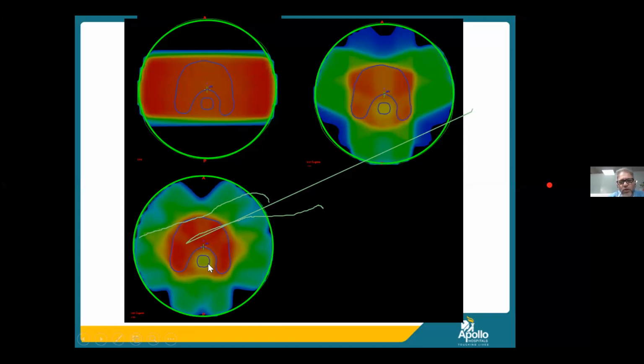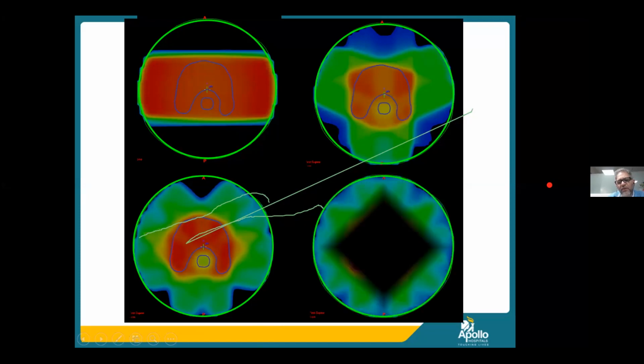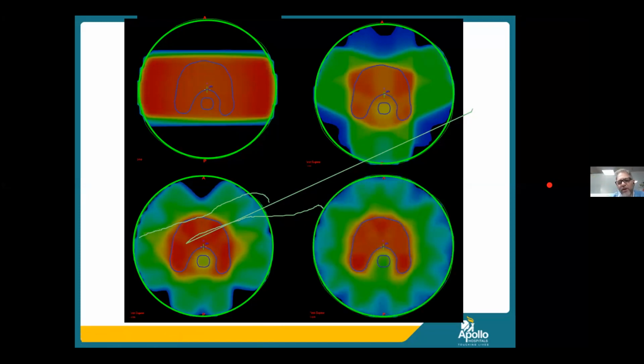In the modern era, with either fixed field or what we call volumetric arc therapy, which is commonly employed to deliver photon radiotherapy, you get a beautiful dose distribution to the target and the normal tissue is spared significantly. But mind you, there is still some dose to the organ at risk, with a significant low to intermediate dose wash. And that can also be a problem.